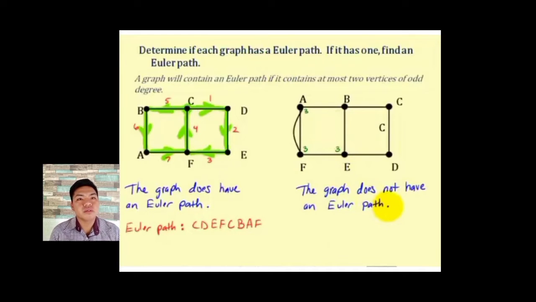So, makita natin na dapat yung number is odd degree. So, the graph does have an Euler path. The graph does not have an Euler path. Makita natin sa pangalawa, drawing, dahil sa tatlong tree, siya ay even degree.